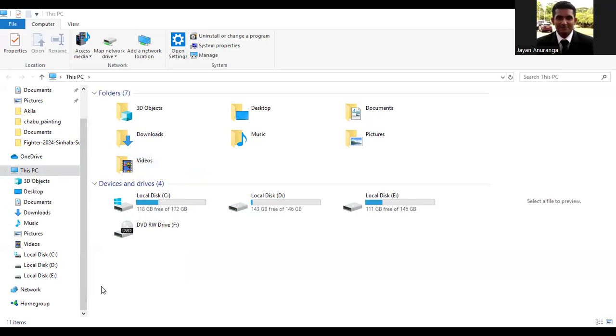Then you can see the processor and the hertz, the CPU speed.